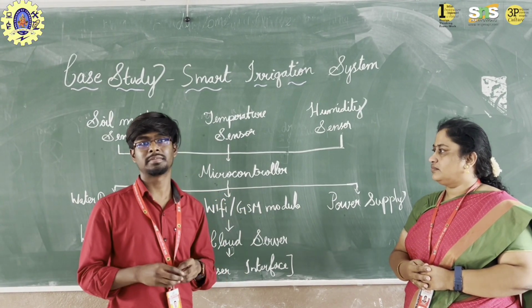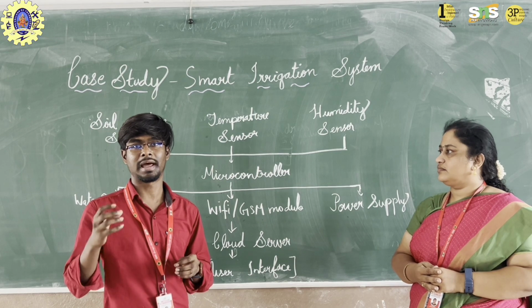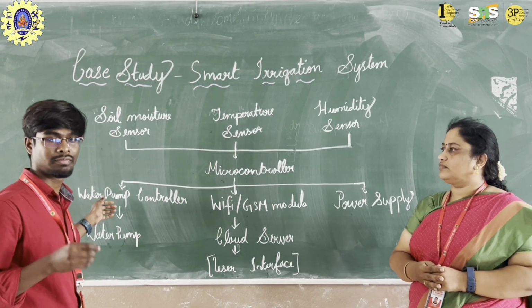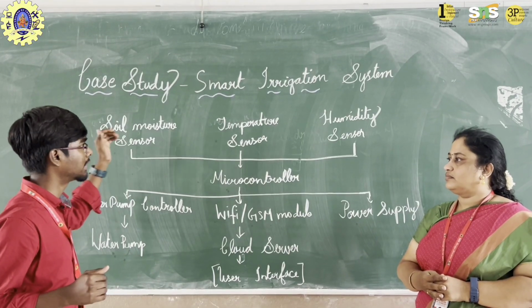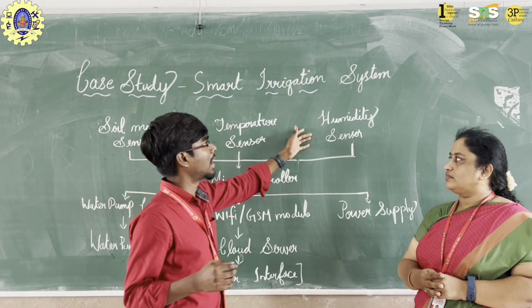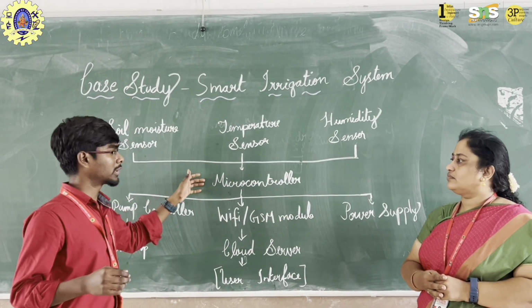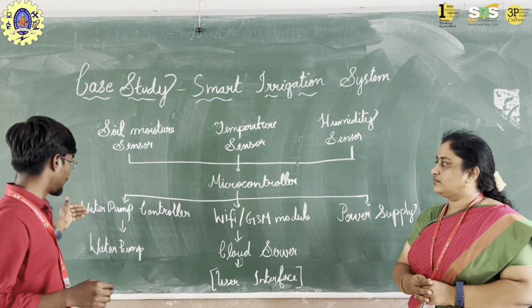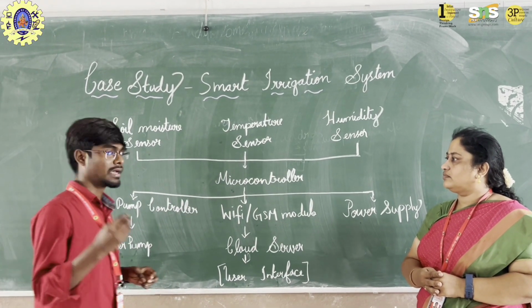Based on this conclusion, the pump will be on or off. When the plant's water consumption is very low, soil moisture is high. When soil moisture is low, temperature is very high and humidity is very low, the microcontroller processes the data and gives the command to turn on the water pump.